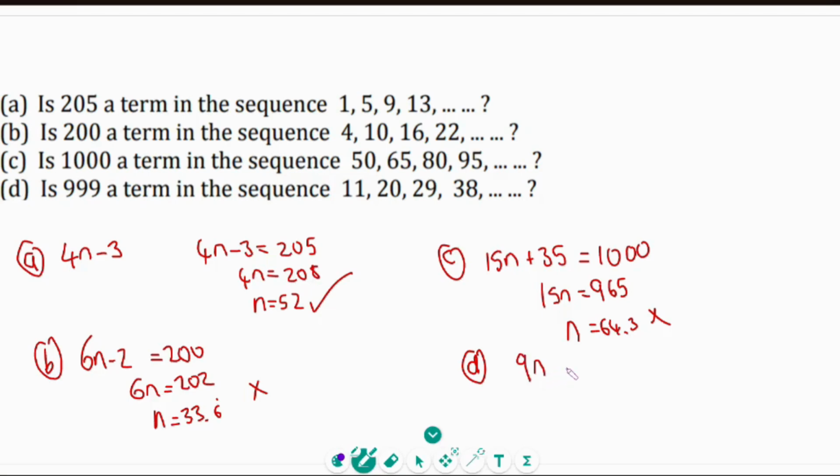So after doing your working out, you should have got 9n plus 2 as the nth term. Subtract 2 from both sides. Divide both sides by 9. Again, not.